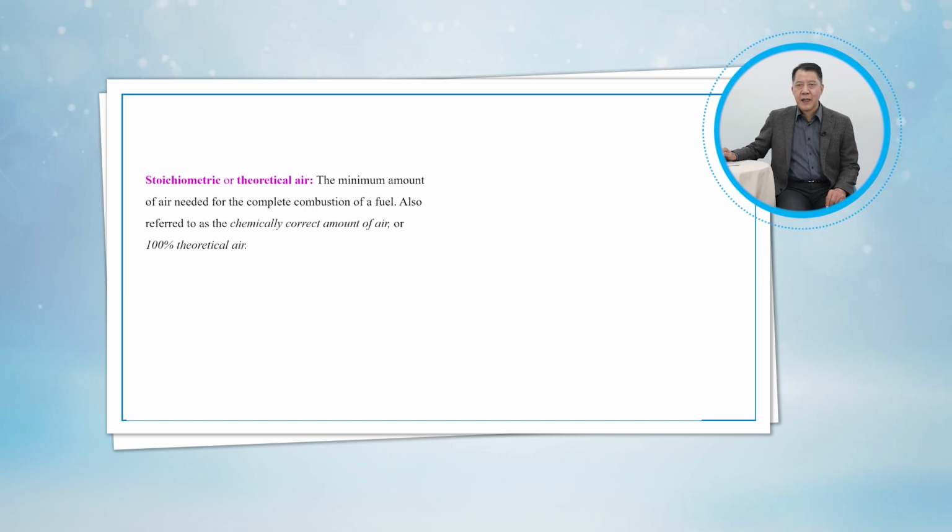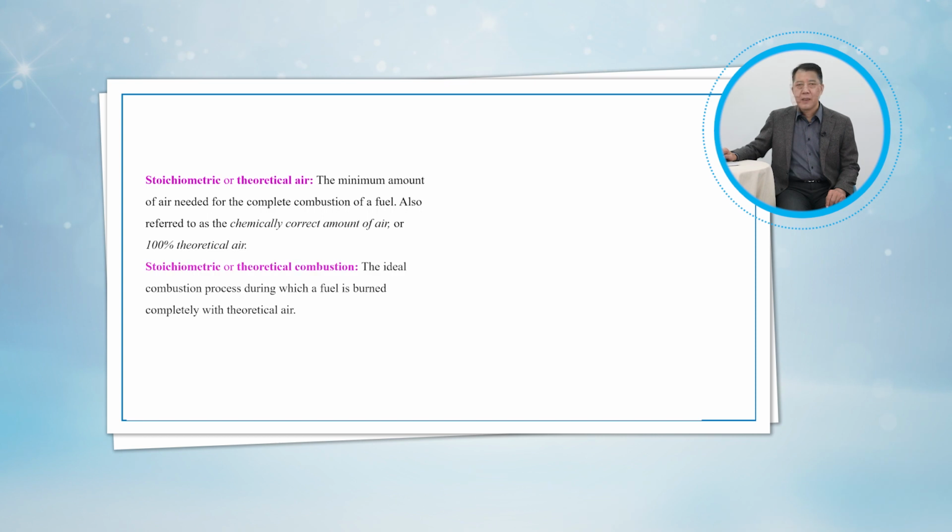The theoretical air is also referred to as the chemically correct amount of air, or 100% theoretical air. A combustion process with less than the theoretical air is bound to be incomplete.